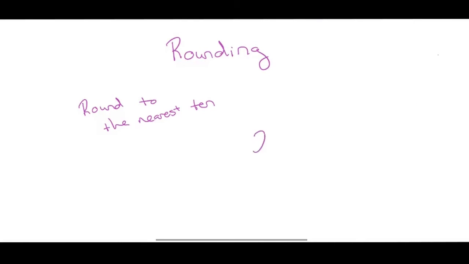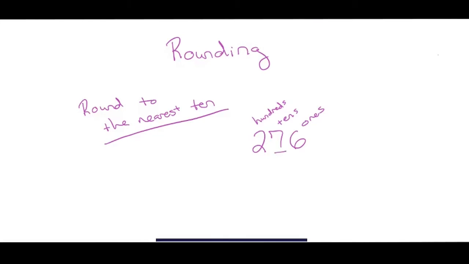Let's say we have 276, and I want to round that to the nearest 10. Well, remember, this is the hundreds place, the tens place, and then 6 is in the ones place. All right, so we're going to round to the nearest 10. So 7 is in the tens place.